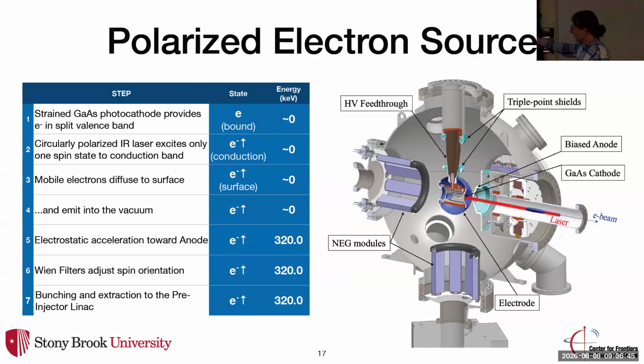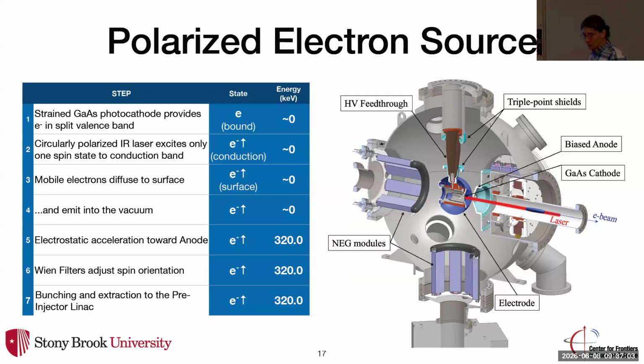So here's that metal orb that you saw, and most of the magic is happening in the gallium arsenide photocathode. So we take the bound states in our photocathode, we shine a bright circularly polarized light on them through some magic tricks.